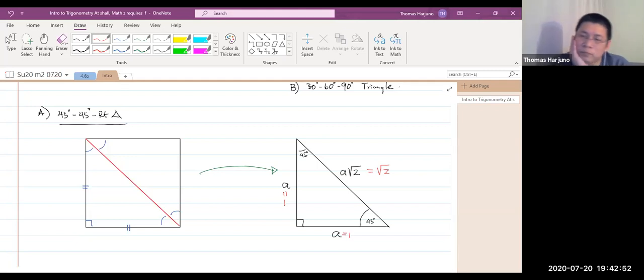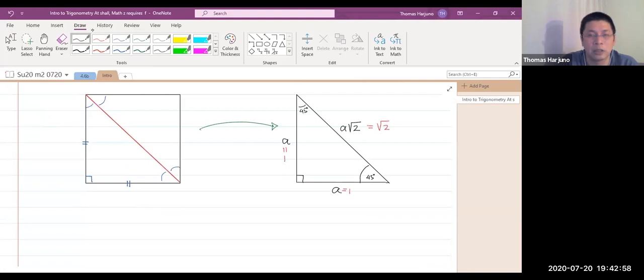Why is that? Well, the reason we make it like that is because we want to get the trig values of this 45 degrees. So pick either one of the 45 degrees. Let's say I pick this as my 45 degrees. Then what is sine 45 degrees? Opposite over hypotenuse, which rationalized is square root of 2 over 2.